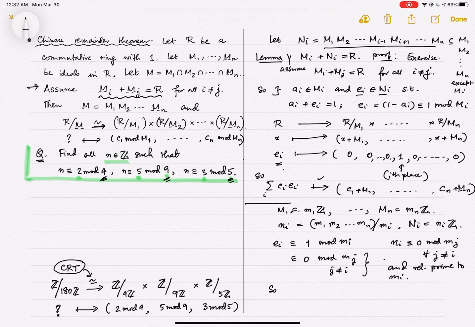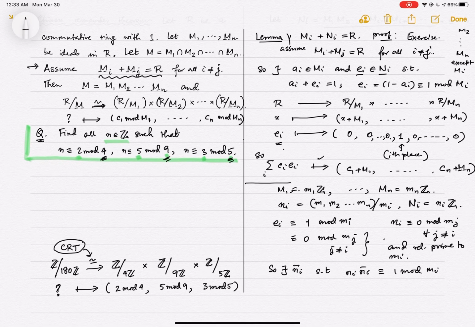So you can find n_i bar such that n_i bar is 1 mod m_i. And this thing you can, because n_i is relatively prime to m_i, so it has an inverse mod m_i. So this n_i bar is going to be an inverse of n_i mod m_i. And you set e_i to be this product. Now this thing is a multiple of n_i, so it's 0 mod all the m_j's if j is not equal to i, and it's 1 mod m_i because I made it so.